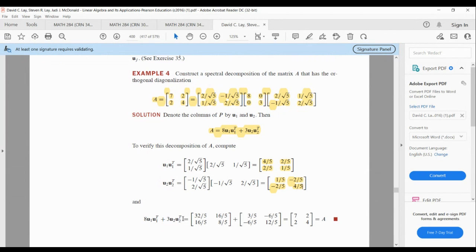And so you can write the matrix A as the sum of those 2 by 2 matrices. That's called the spectral decomposition of the matrix A. I have seen that in other courses that I have taken, so I'm sure it'll come up for you as well.